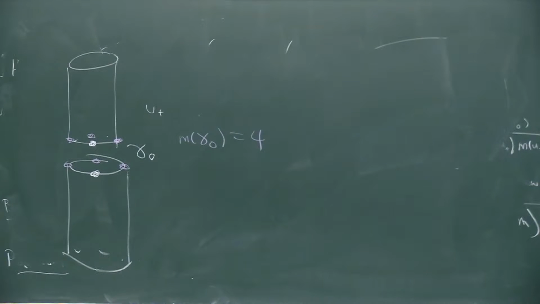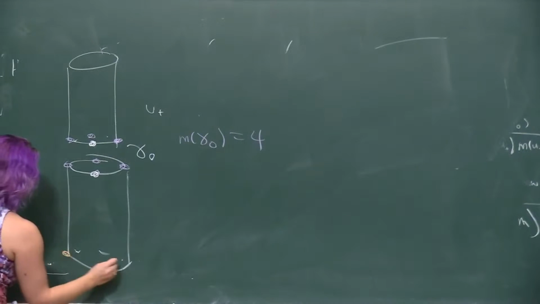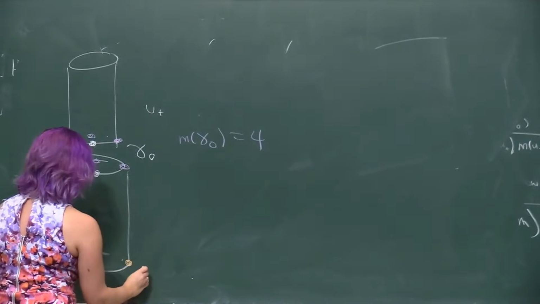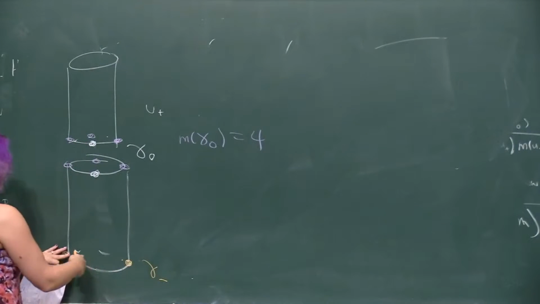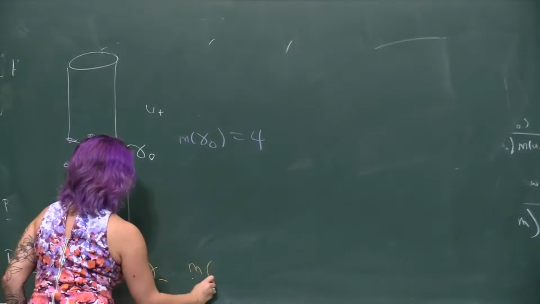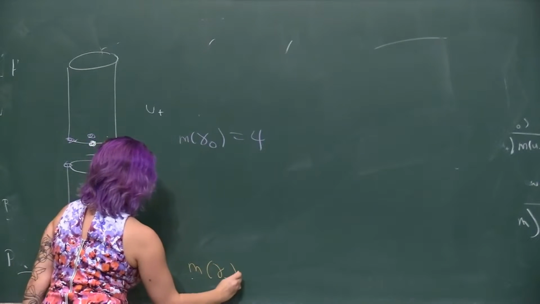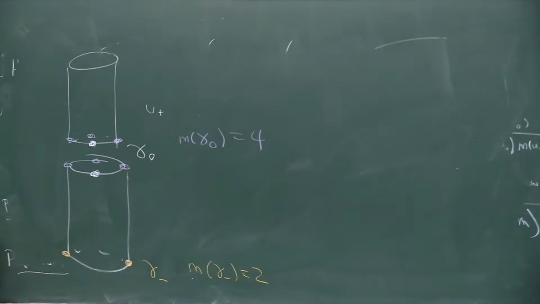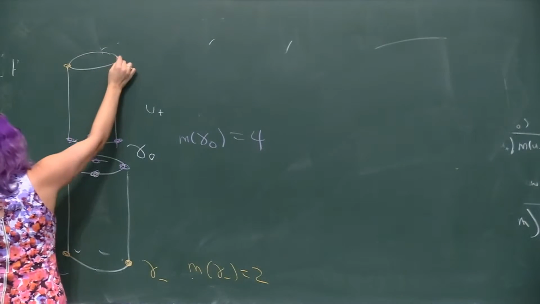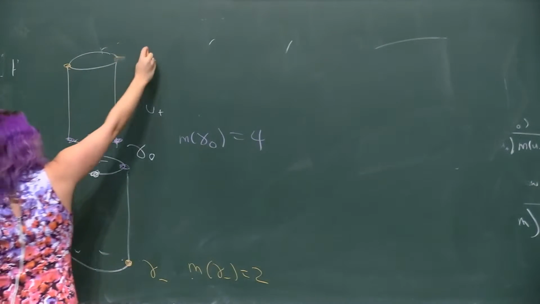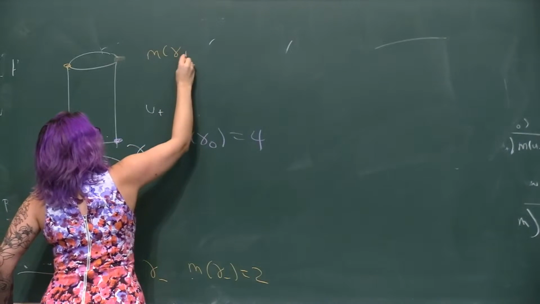But now let's say I want to make life even more awful, and let's say that my orbit down here, so this is gamma minus, has twofold symmetry. And we could make this M of gamma plus be equal to 1.